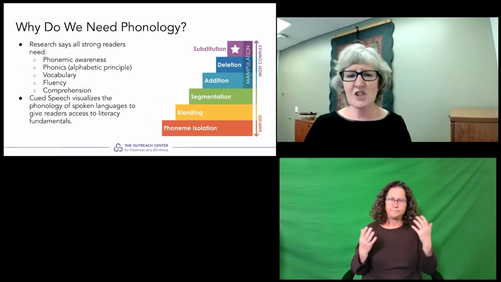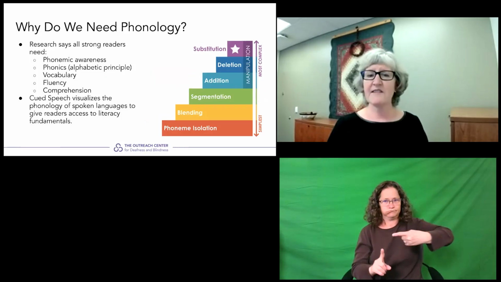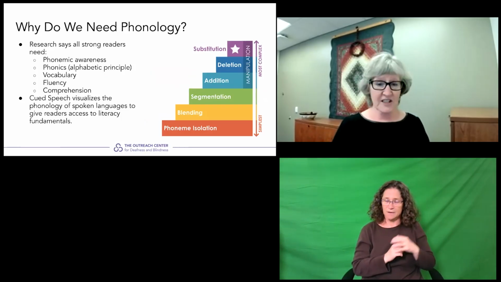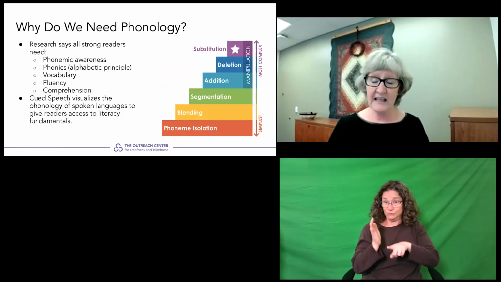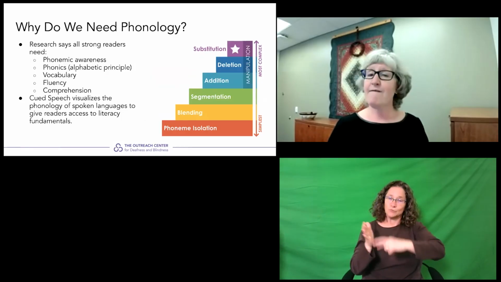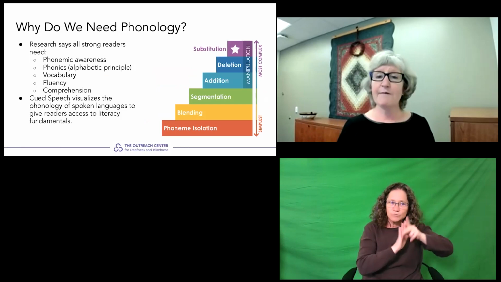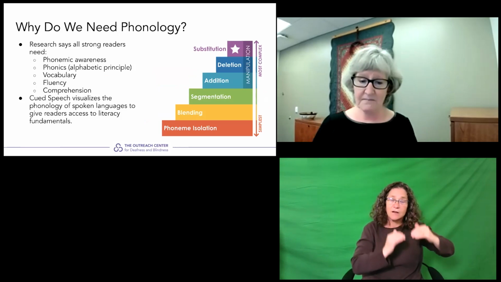So one especially important component skill: phonology. Why do we need phonology? Research says that all strong readers need phonemic awareness, phonics and the alphabetic principle, vocabulary, fluency, and comprehension.